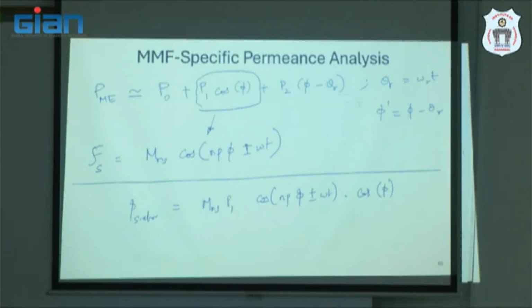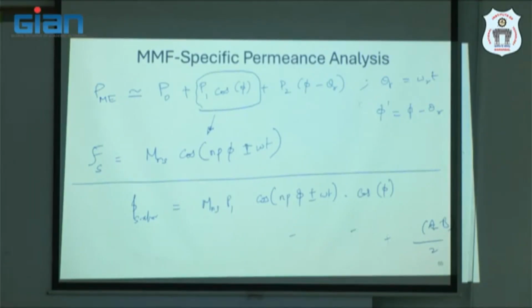So we have cos A cos B as cos of (A plus B) by 2 plus cos of (A minus B) by 2, right? So we have two terms for this product. So the flux produced in the air gap due to MMF interacting with only the static eccentricity permeance function will have two terms.